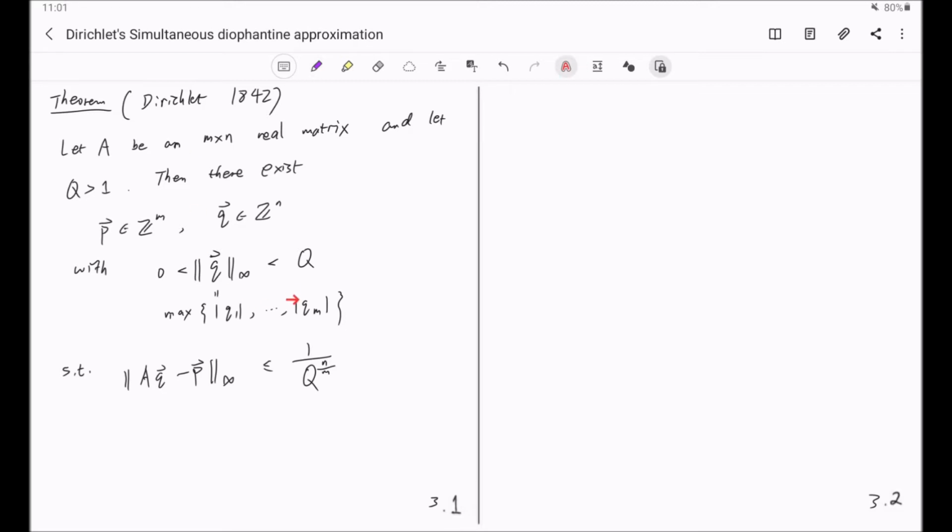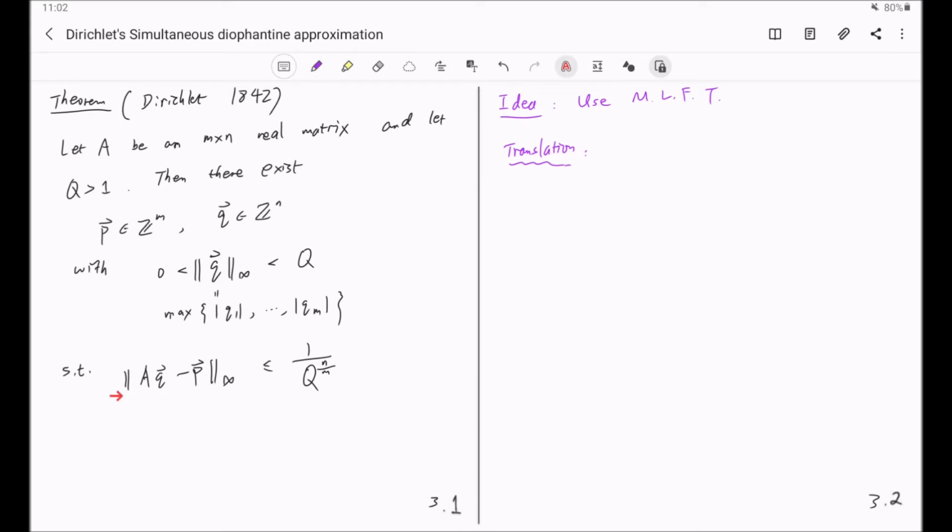So how would you translate this into the language of the linear form theorem? The translation goes as follows.